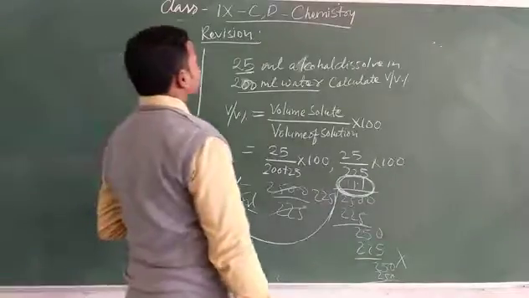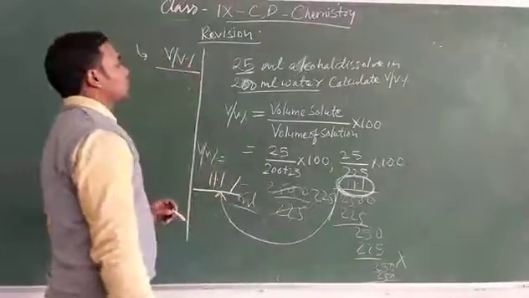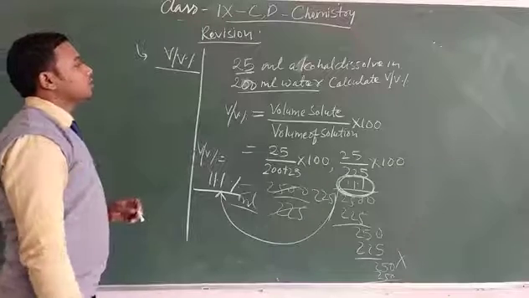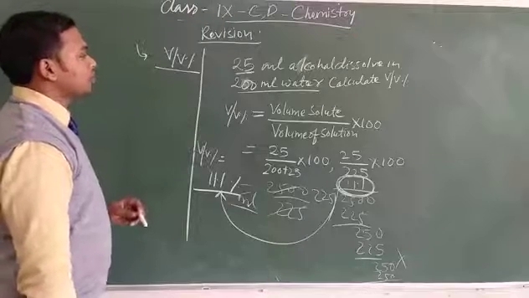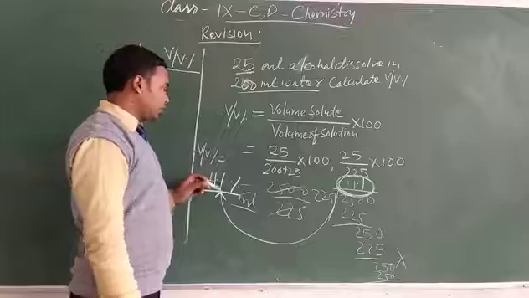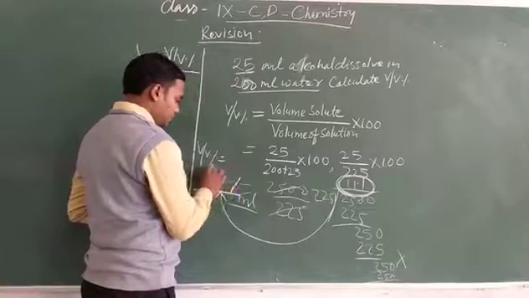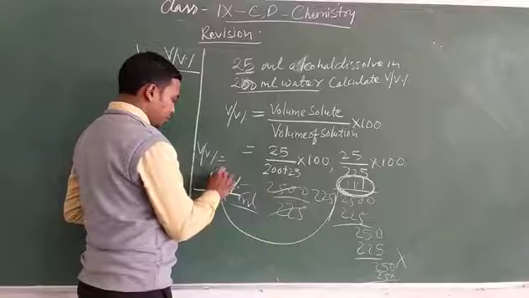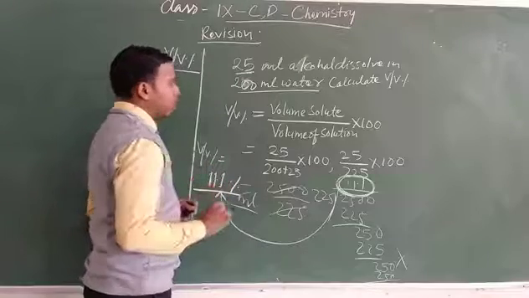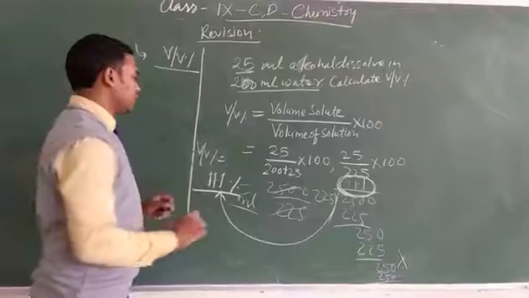So 25 ml alcohol dissolved in 200 ml water, and in this way we can calculate the volume by volume percentage, which is 11.1 percent.